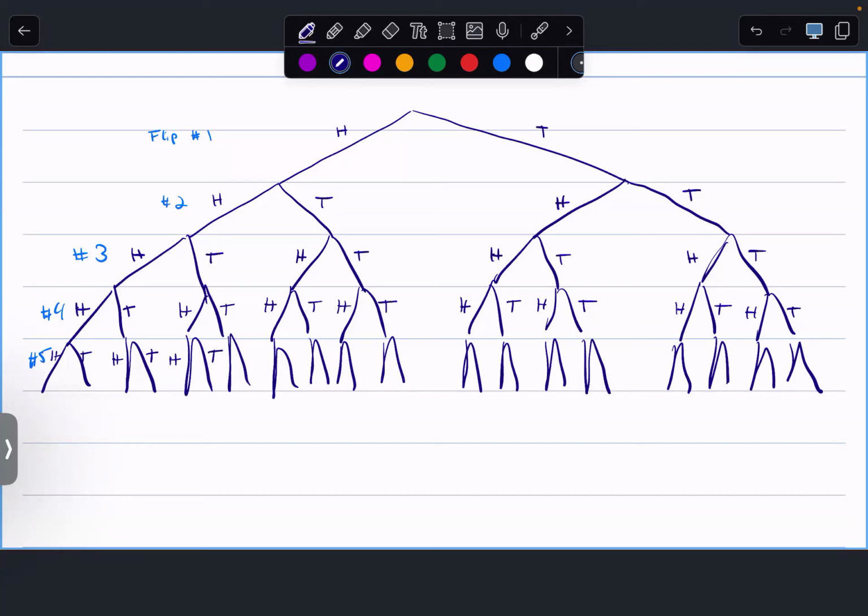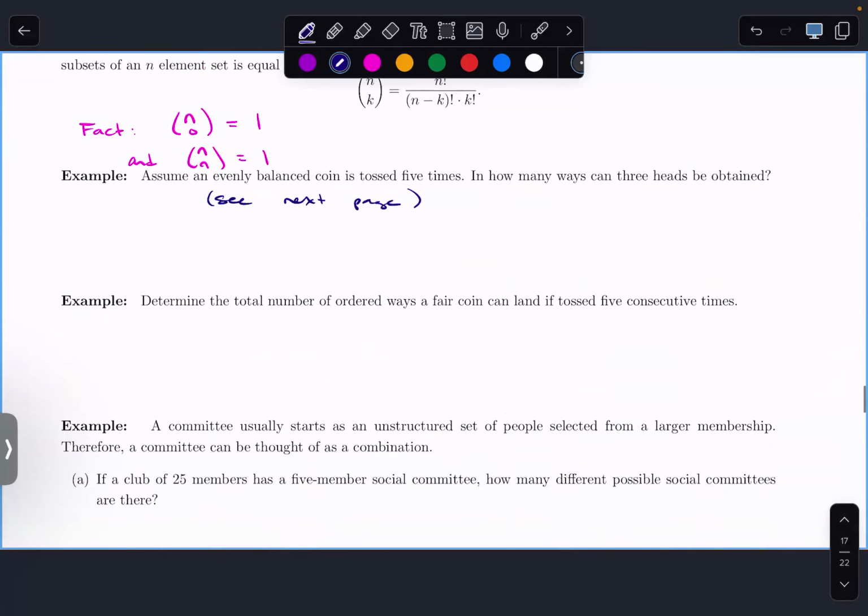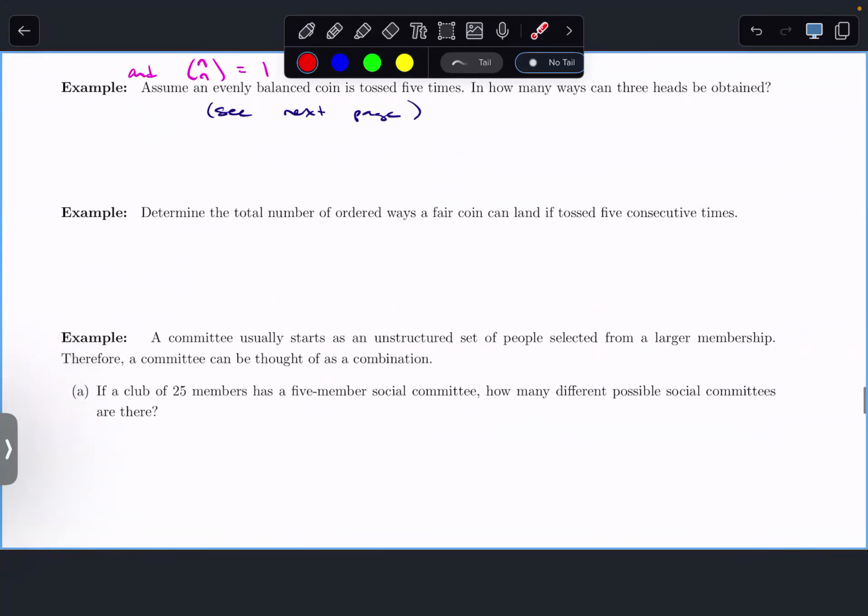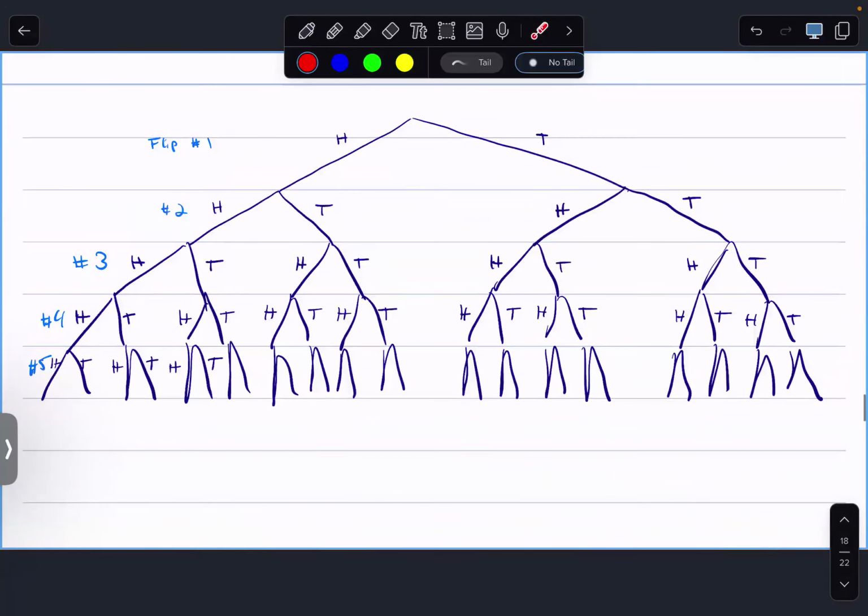So now, what can you do? If we want to talk about in how many ways can 3 heads be obtained? This is one way that we could visualize all the different options, and we can use this to map out all the ways that we can get exactly 3 heads.